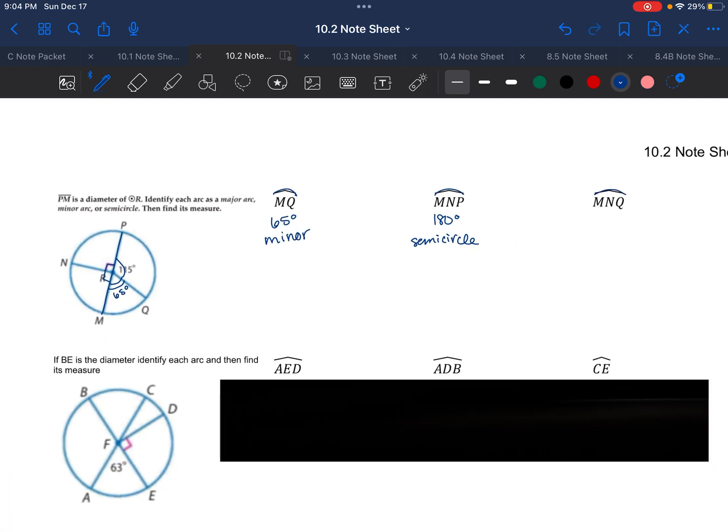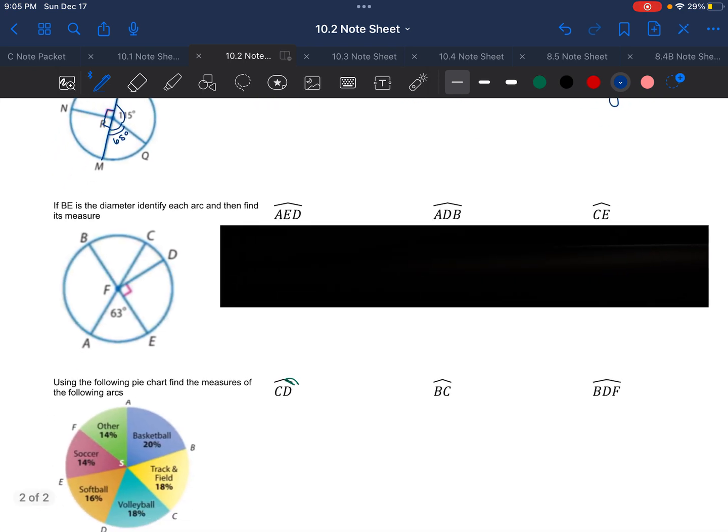And then arc MNQ goes all the way around to here. So if I do 180 plus 115, I get an arc measure of 295 degrees, definitely greater than 180. So this would be a major arc.